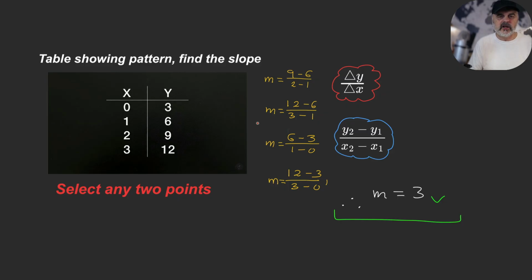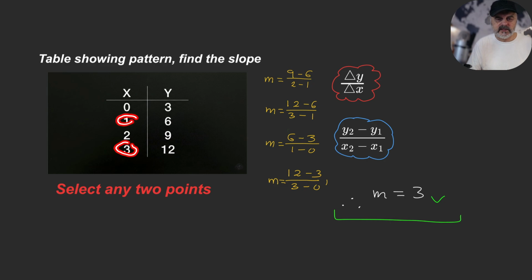But let's say you didn't know that, you grab any two points. If you do 9 and 6, the difference between 9 and 6 will be divided by the difference between 2 and 1. Boom. You can do the 12 and 6, so any two points, 12 and 6. Then the bottom will be 3 and 1.